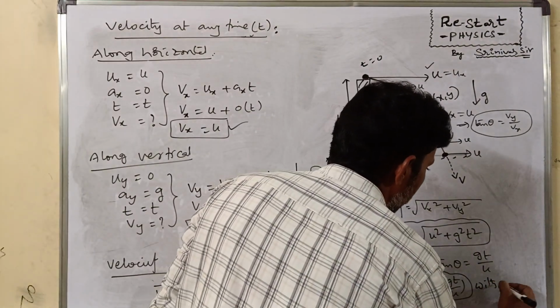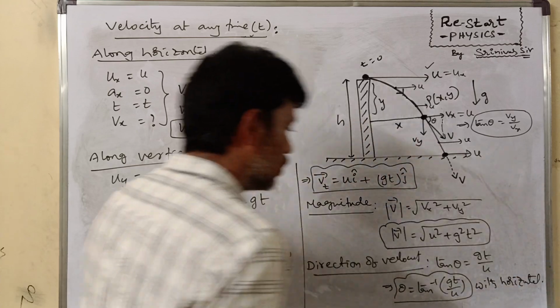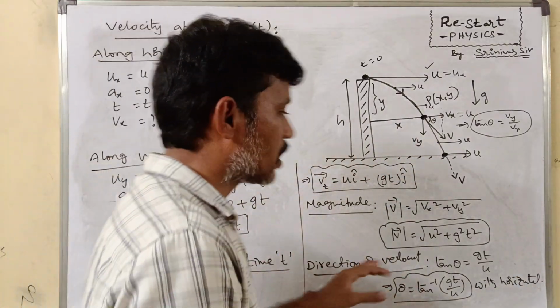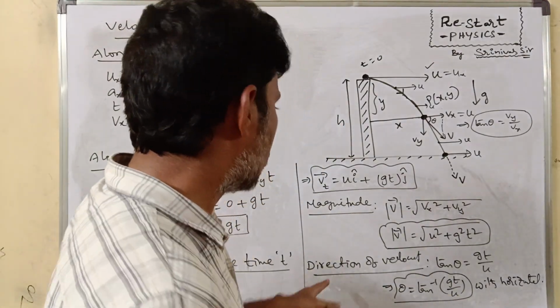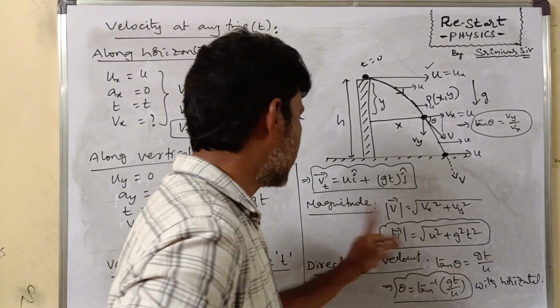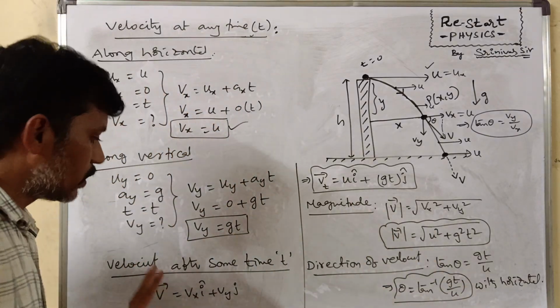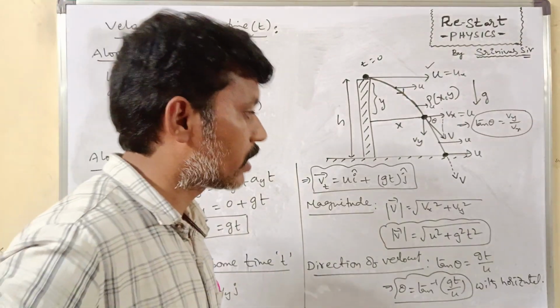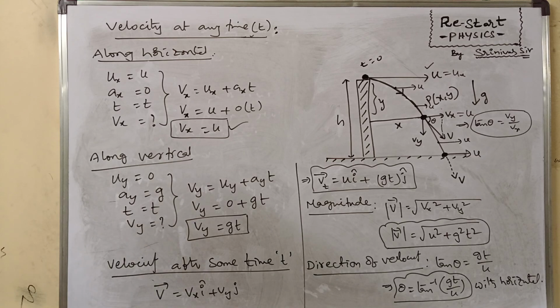Don't get confused here. So this is about velocity: the direction and magnitude of velocity, the horizontal component and the vertical component. Check it and note it down. After that you have to practice.